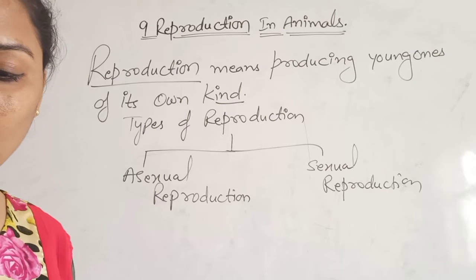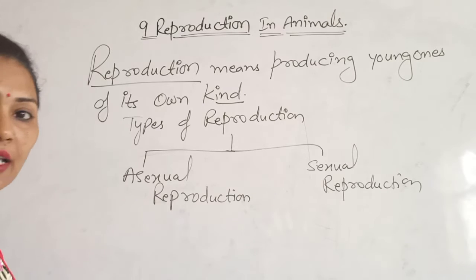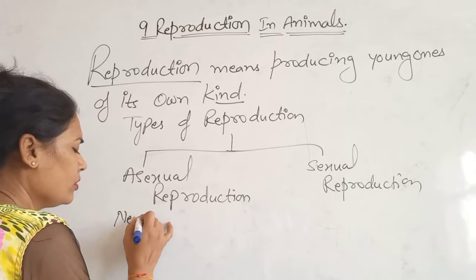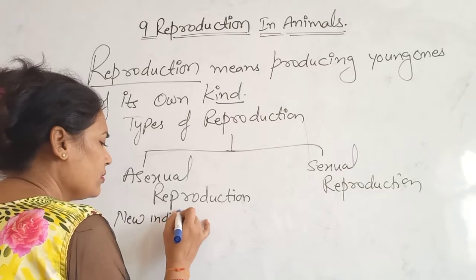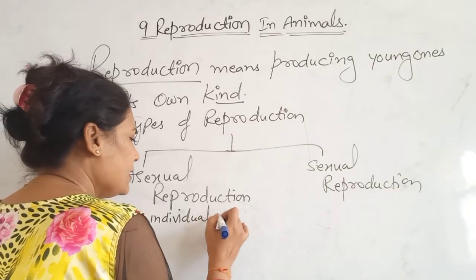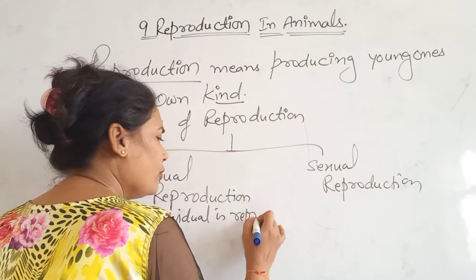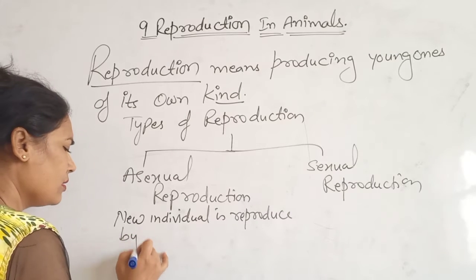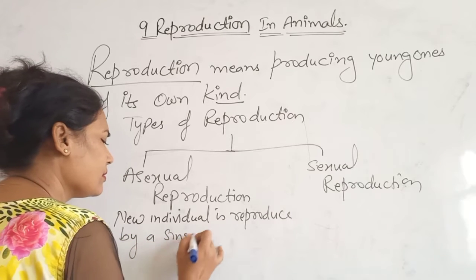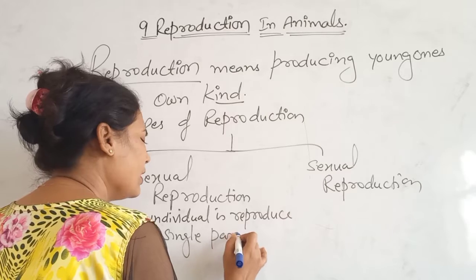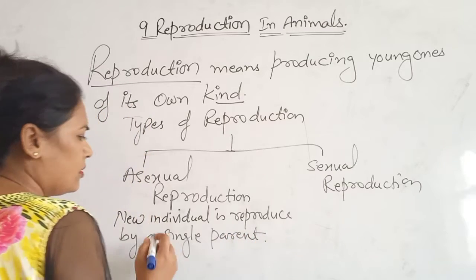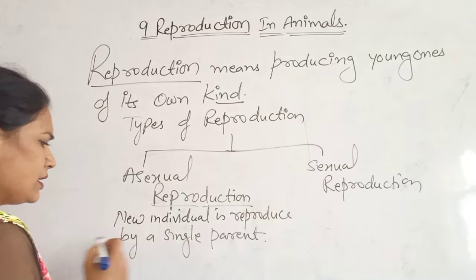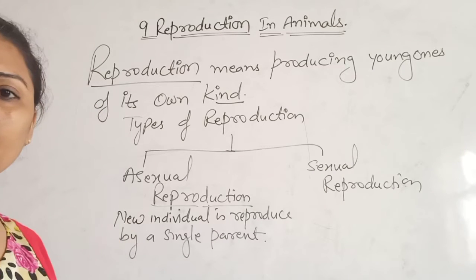So, a new individual is produced by a single parent. You can write that a new individual is reproduced by a single parent.